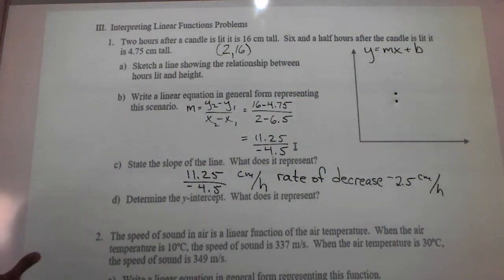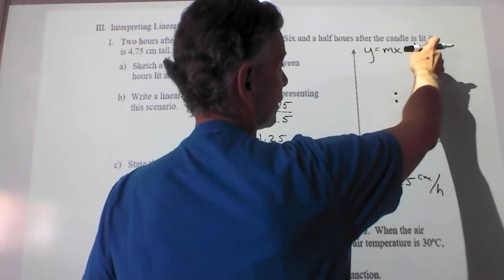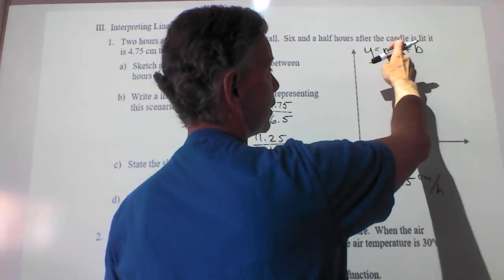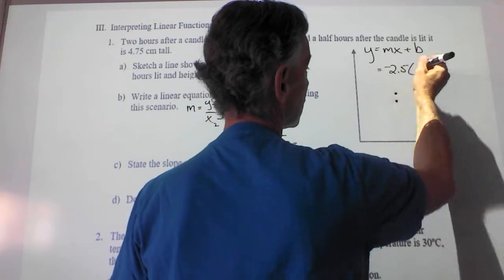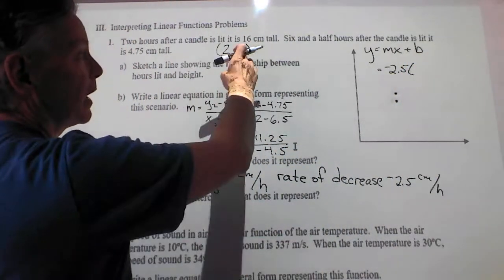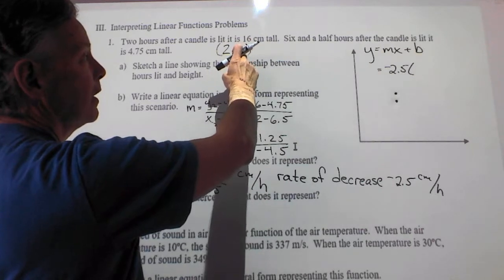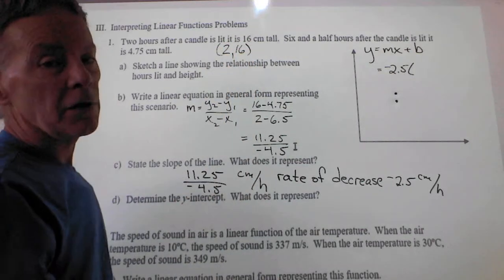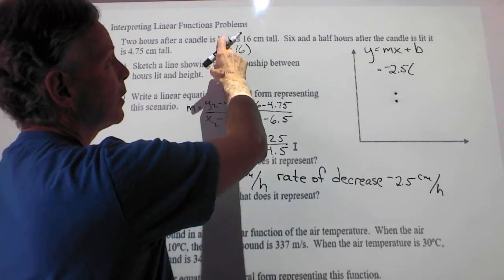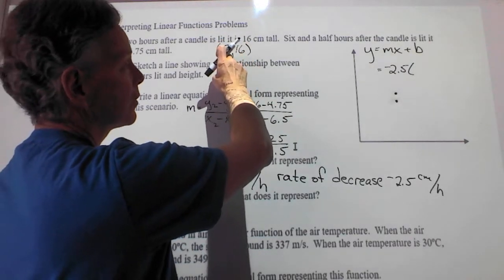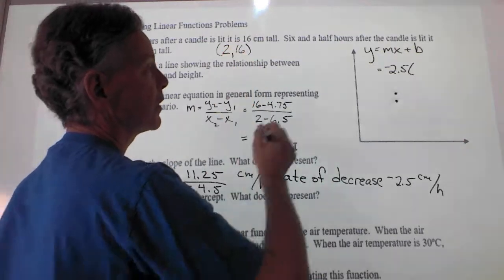We have enough information to find the y-intercept, right? Because we know what the slope is. It's negative 2.5. And we also have a value for x and y. We'll use this one because it has whole numbers. We could just as easily have used the other point. But we know that one point on the line has an x-coordinate of 2 and a y-coordinate of 16.